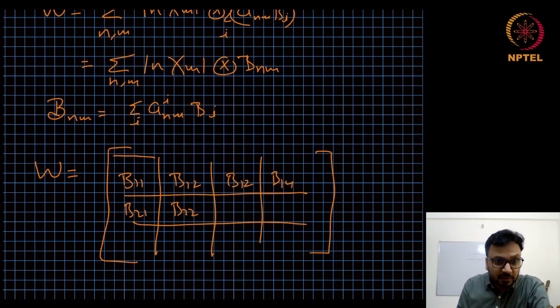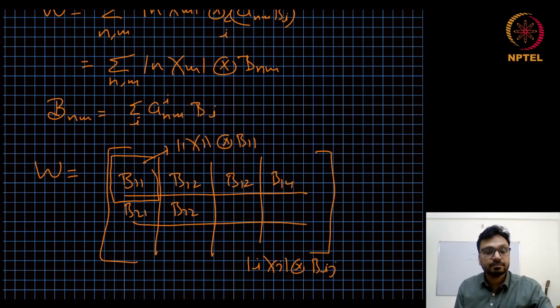If we write just this block alone, it will be |1><1| tensor B11. Similarly, the ijth block will be |i><j| tensor Bij. So it means an arbitrary operator W can be written as a block matrix.